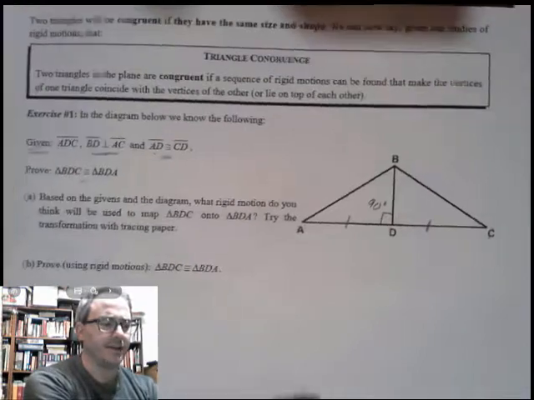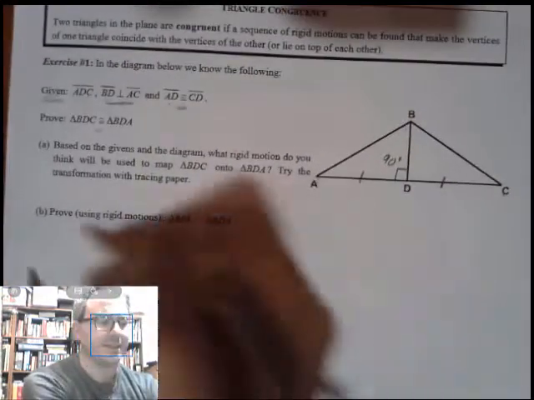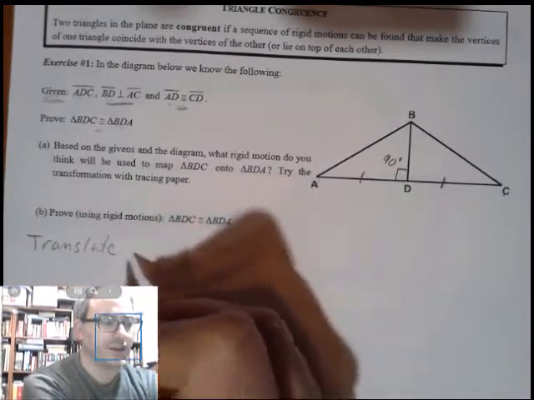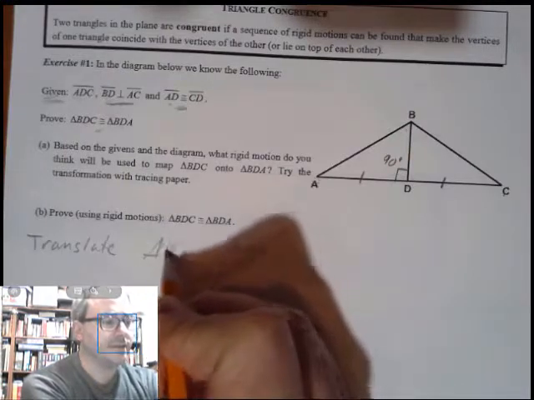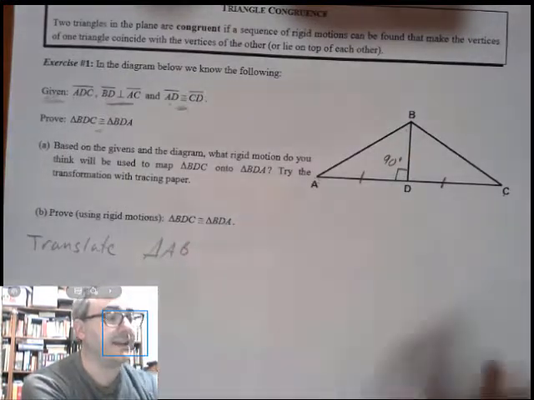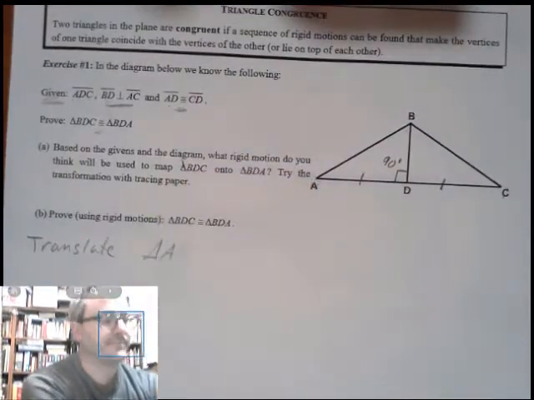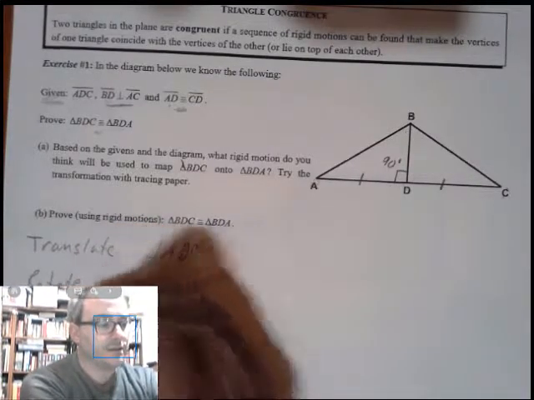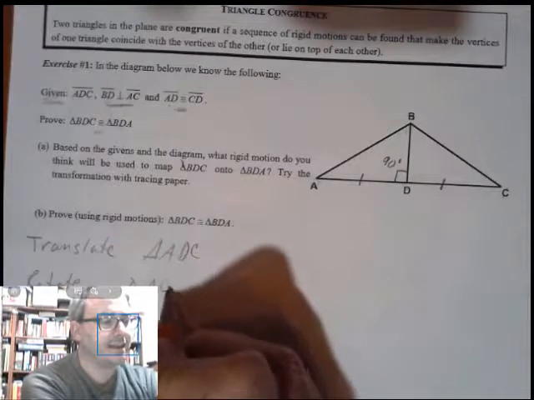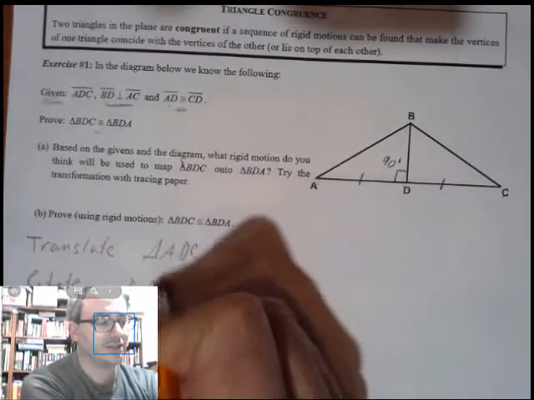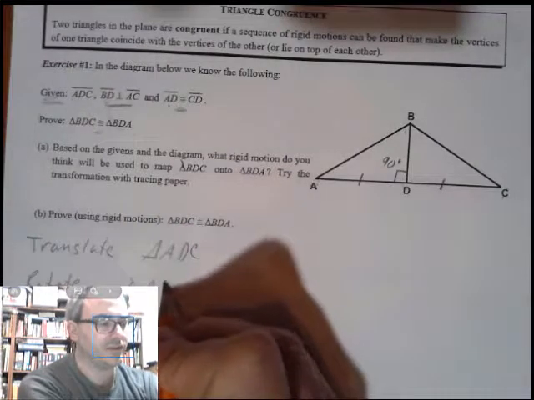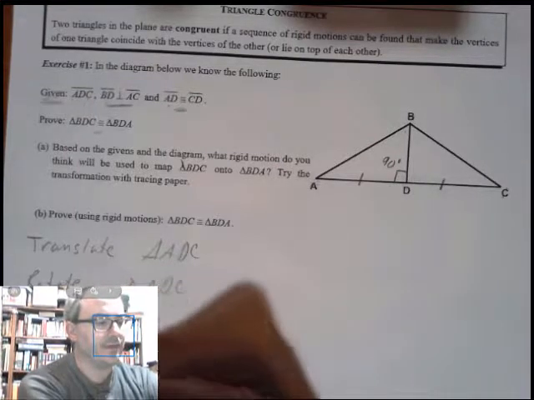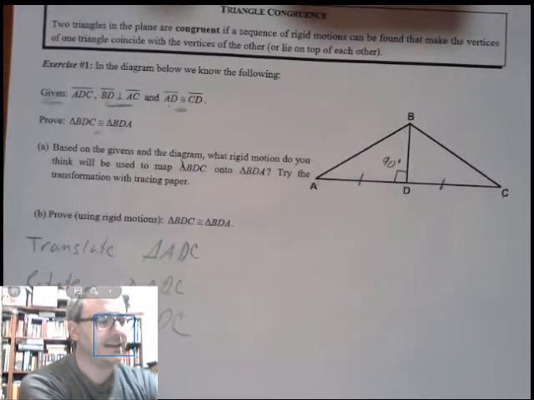Your answer is going to be something like either a translation, where you say translate triangle ADC, or maybe you're going to say rotate triangle ADC, and you're going to tell me what kind of rotation, whether it's 90 or 180, or you'll say reflect triangle ADC.